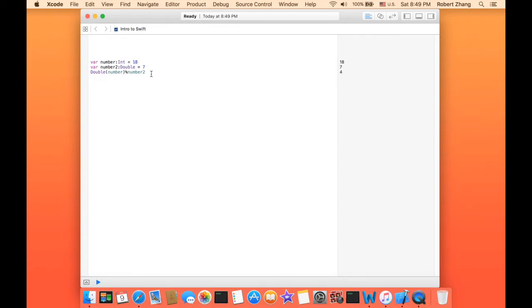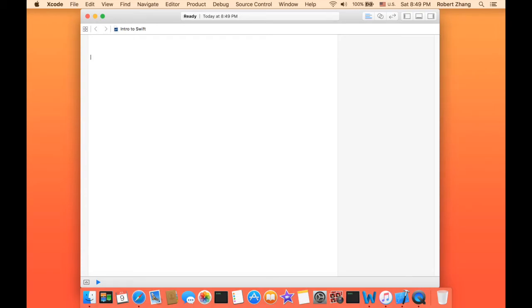What's pretty cool about modulo in this is that we don't actually have to do it between two integers. We can actually find the remainder with doubles as well, as you can see here. If I make number 2 equal to 7.8, the remainder will actually be a decimal number, which makes complete sense, and that's very useful.